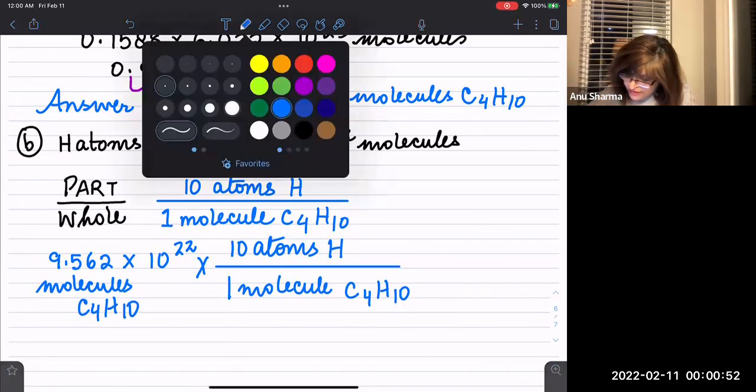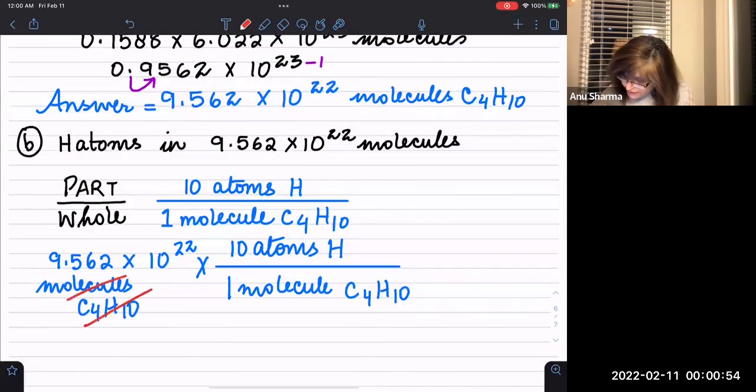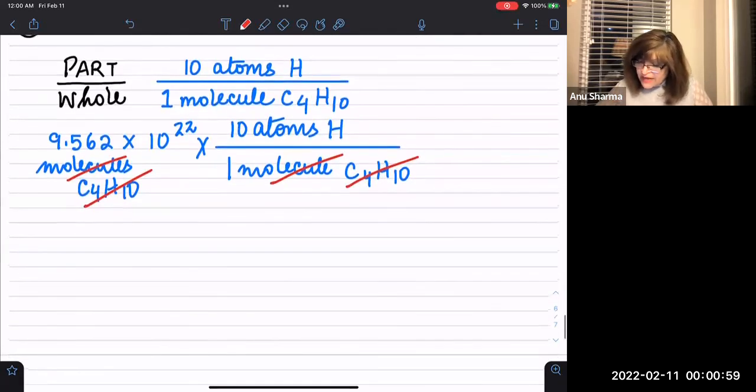The molecules of C4H10 cancel out, and you're just left with the atoms of hydrogen.